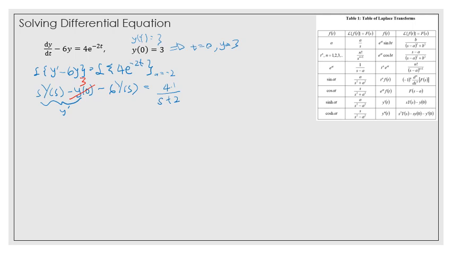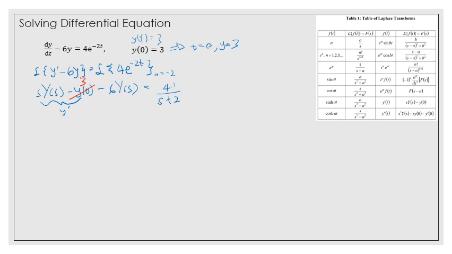After we substitute, what else can we do? We can factorize. Our aim is to make sure that only Y(s) remains on the left side. We only want Y(s). So first we can try to factorize.